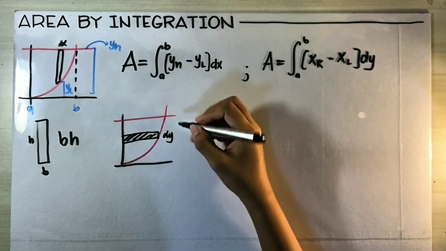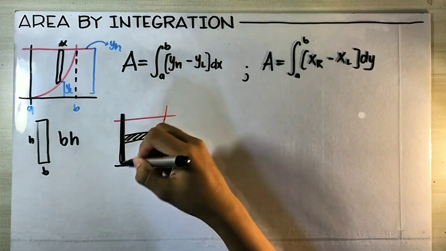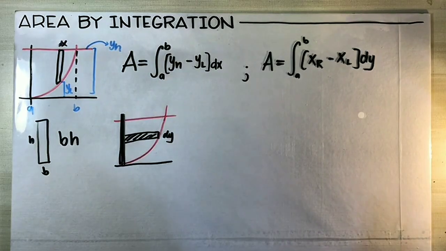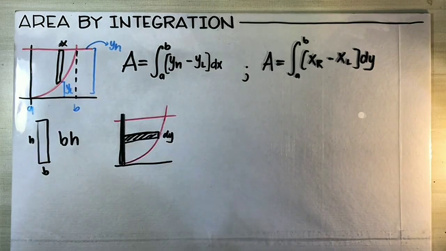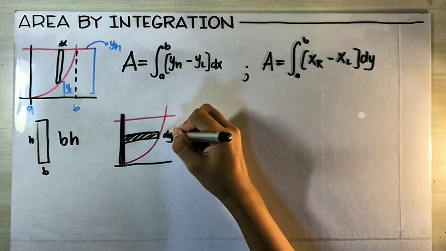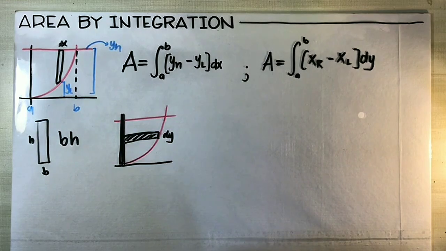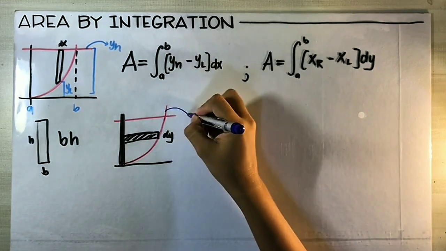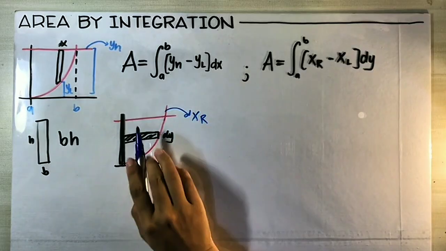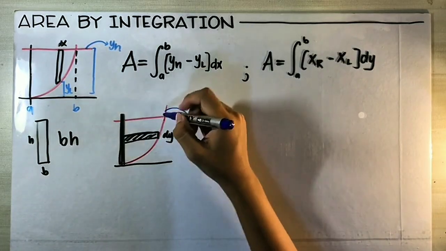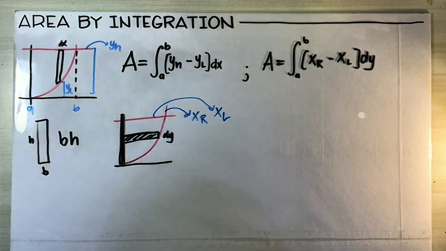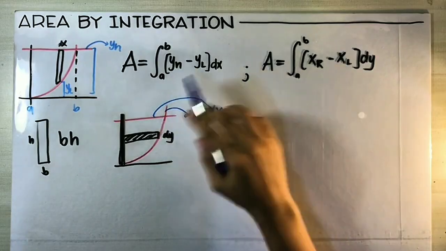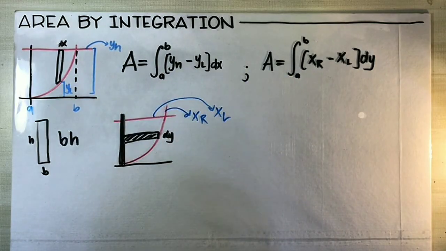It's dy, because our reference axis is the y-axis. Then our base is x right, this line, because it's here at the right, and then our x left is this one. So it's the same as the first graph.